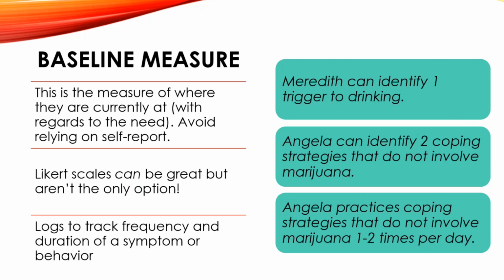So if we're asking a client to share with us how they're currently doing with managing their triggers and coping with their triggers without resorting to use, something along the lines of, I do fine, or, sometimes, is such a vague and broad response that it makes it really difficult for us to gauge where they're really at, and also what it would look like when they're doing better, and how we will know that they're doing better.